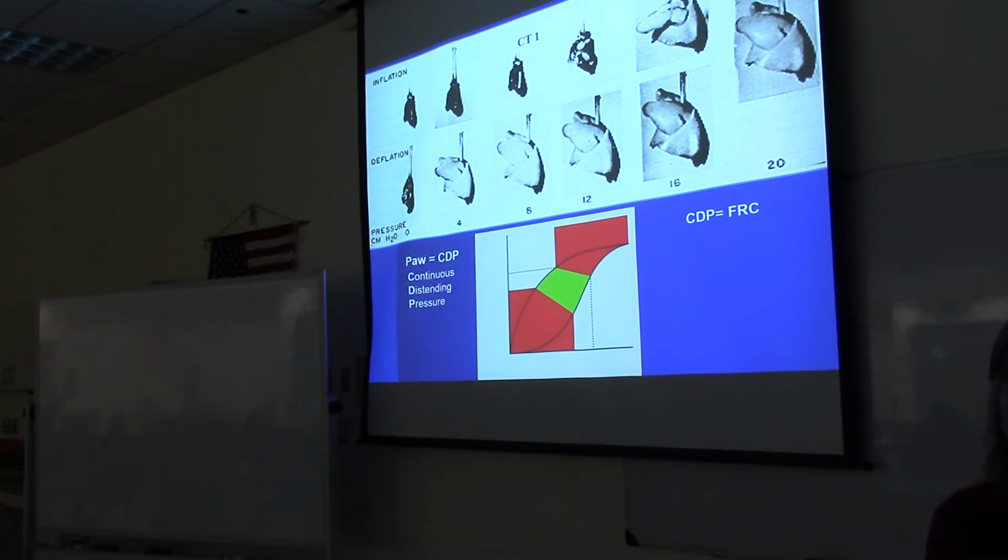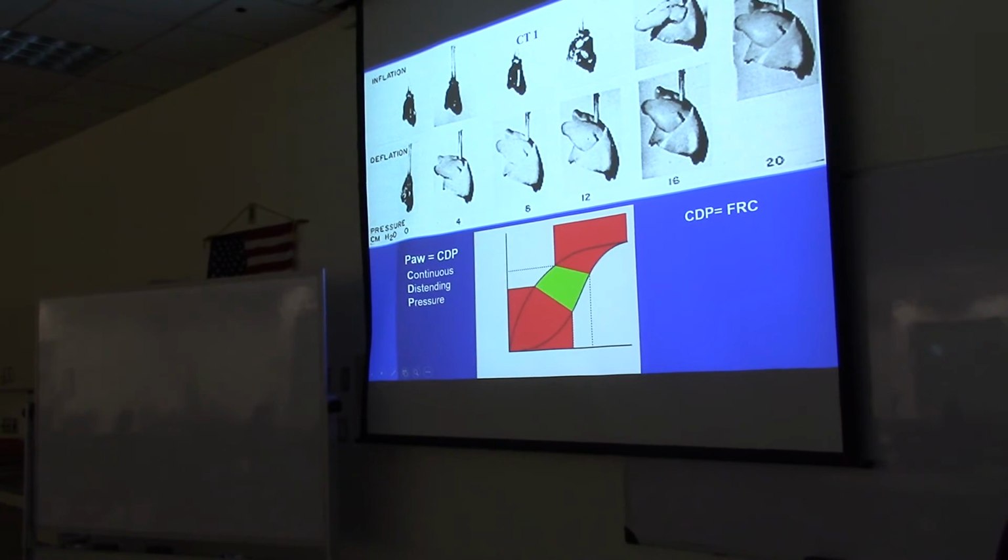This is another picture showing, I'm assuming pig lungs, where if you inflate the lungs and you keep them inflated, then they won't collapse on exhalation. Here the lung was inflated, but there's no PEEP, so it deflates. You keep adding PEEP, and at a certain point, you notice it stays inflated even during exhalation.